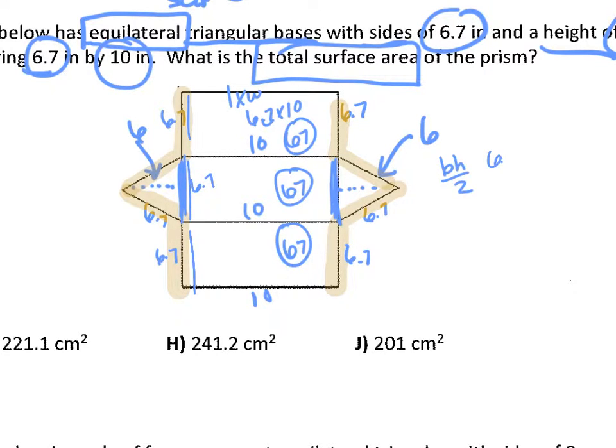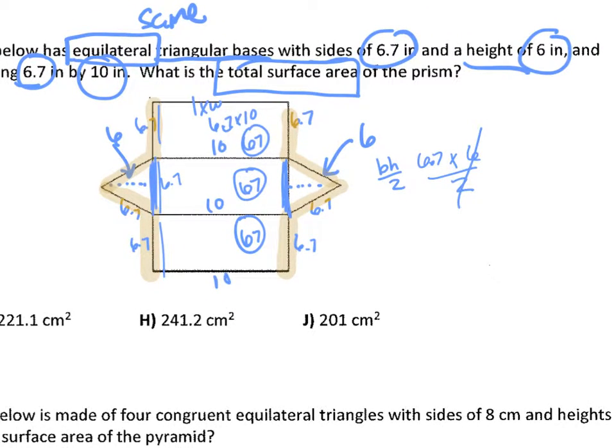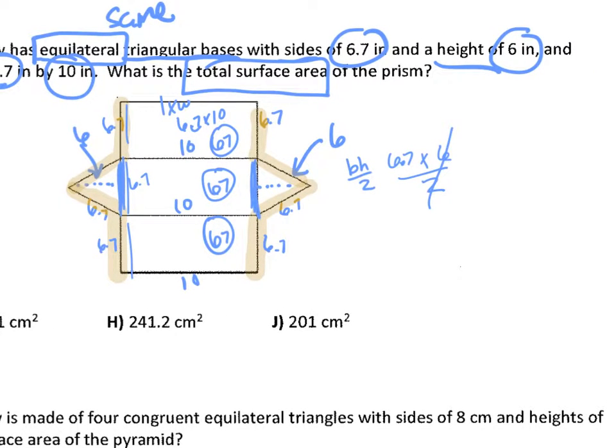So 6.7 times the height of the triangle, 6, divided by 2. We can divide first, so that would be 3. So 6.7 times 3. 7 times 3 is 21. We got one number behind the decimal, so I got one number behind the decimal in my answer.